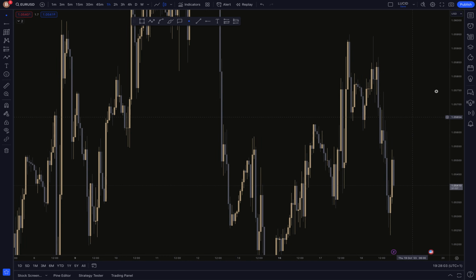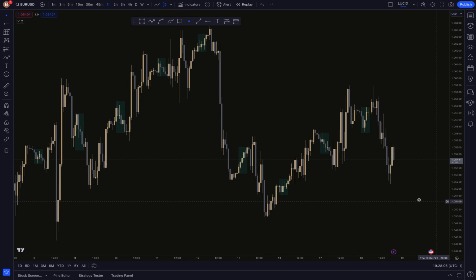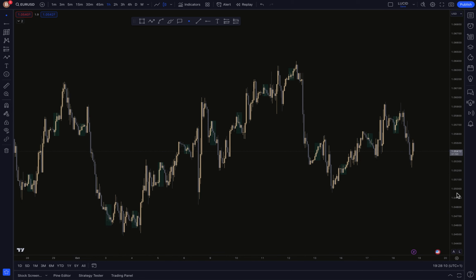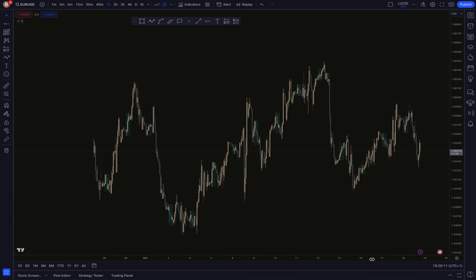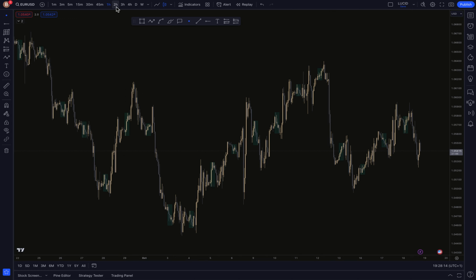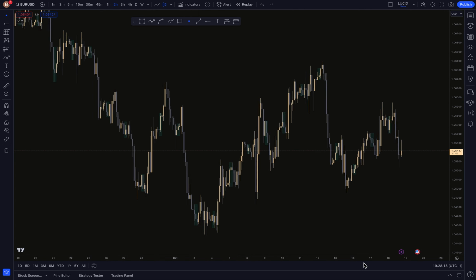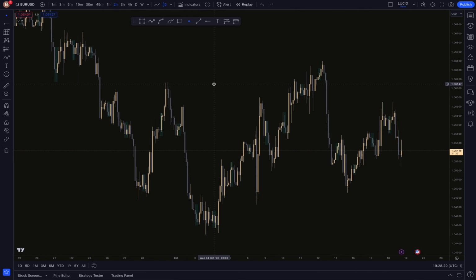So what actually happened on Euro USD was that I looked at the higher time frame, and I wanted to understand where price was coming from and where price was going. I'm sorry, but my PC is lagging. So I understood that price took this external liquidity from here.